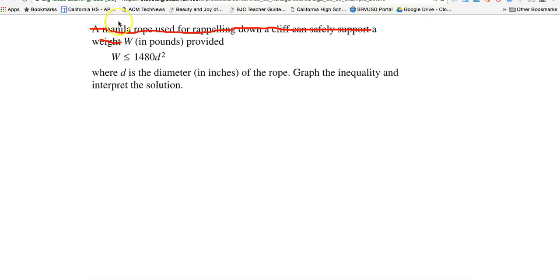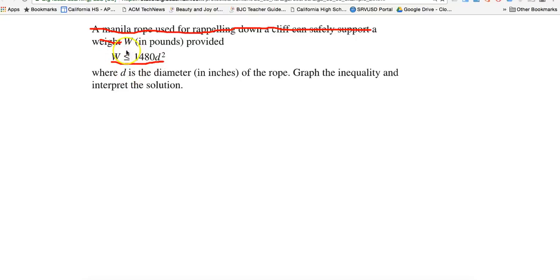That's just detail that is irrelevant to finding the solution. D is the diameter of the rope, that's okay, but this is all we need to know: the weight is less than or equal to 1,480 times the diameter squared.